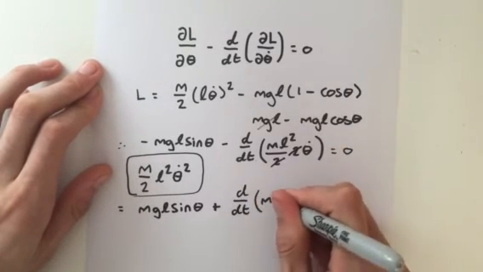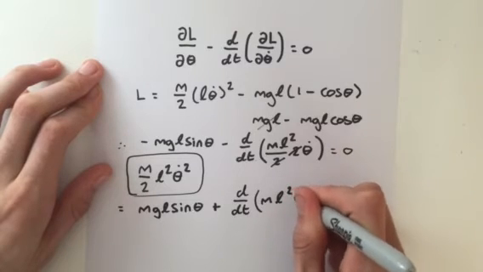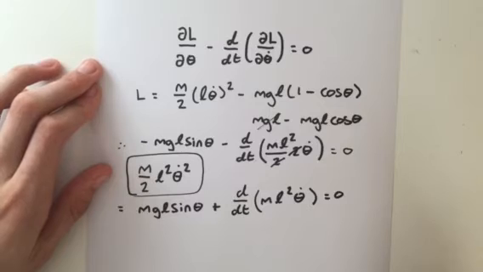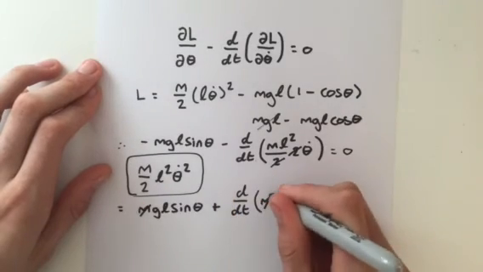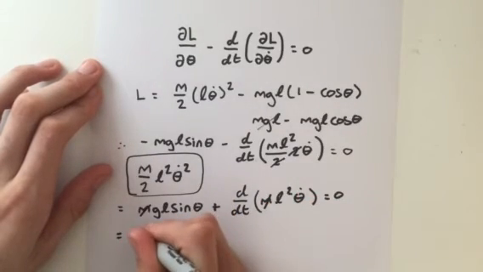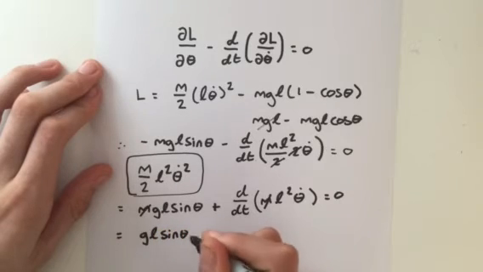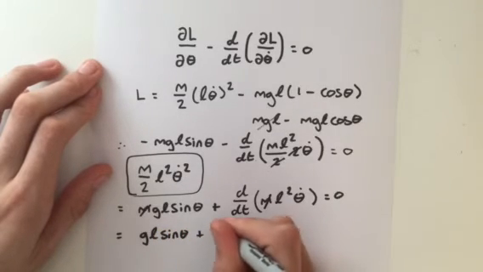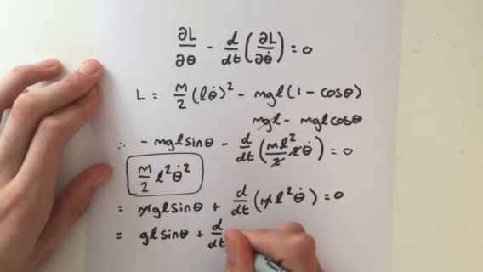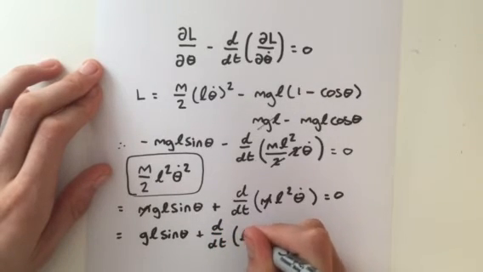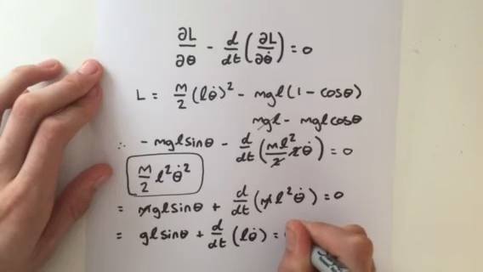So we get m L squared theta dot is equal to 0. So we're almost done. So what else can we do? We can cancel out the m's. So we get gl sine theta plus the rate of change of L theta dot, and that's equal to 0.